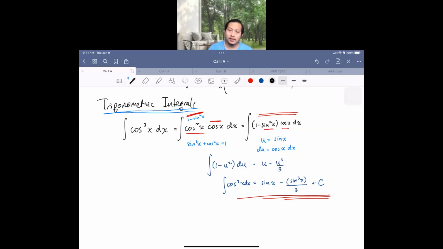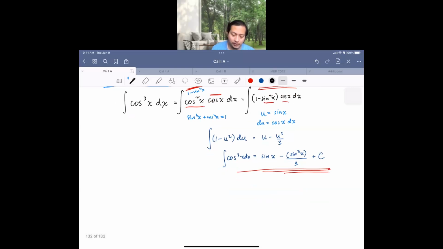Okay, now for the next example, we will have more variations in terms of the power, and we will include sine and cosine in one equation. So perhaps let me give you an example.